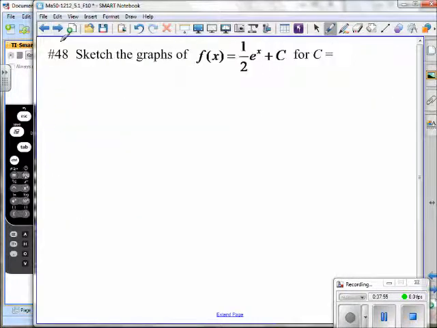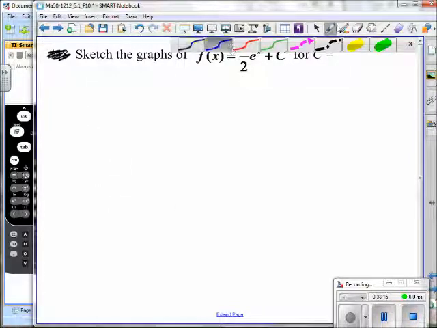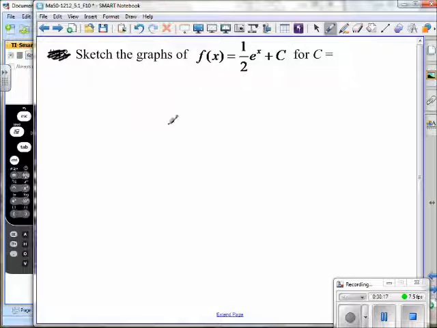Okay. Now let's see, what else do we have here? Okay, sketch the graphs of 1/2 e to the x. Let's just do this. How many of these can we do? Let's take the first 3 of you in the first table here.